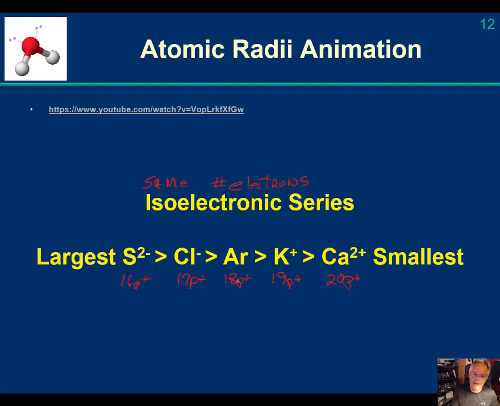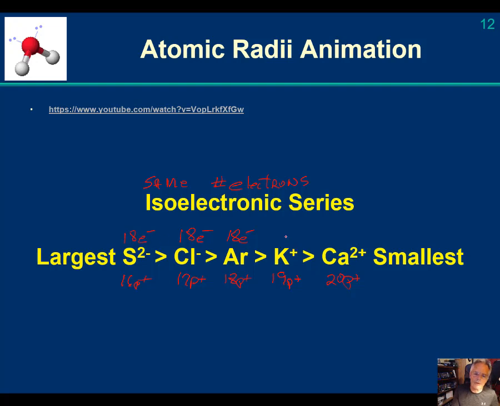It's a neutral atom, so it not only has 18 protons, it has 18 electrons surrounding the nucleus. Let's go to the anion side first. This is chloride ion. You've added one electron, so a chlorine atom would have 17 electrons, but a chloride ion has 18 electrons. Here is the sulfide ion, 16 protons, but with a 2- charge, so it also has 18 electrons.